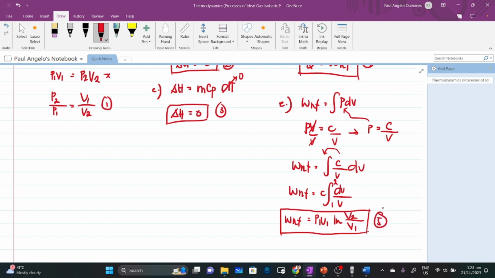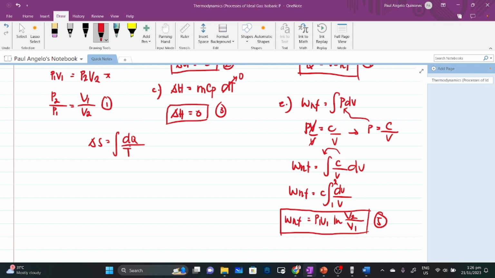Next, the last one is the change in entropy. For the change in entropy, we have the integral of dQ over T. However, we've said that dQ is already your non-flow work.